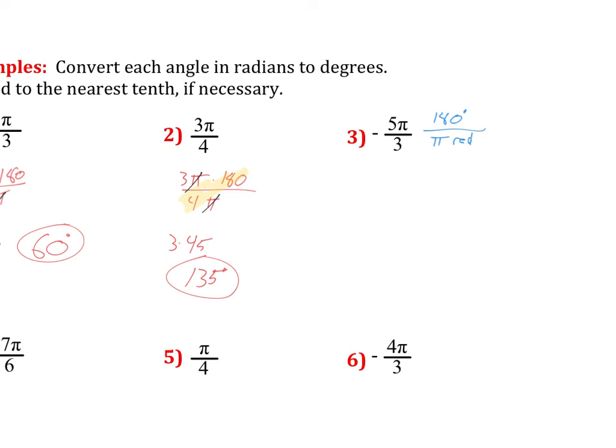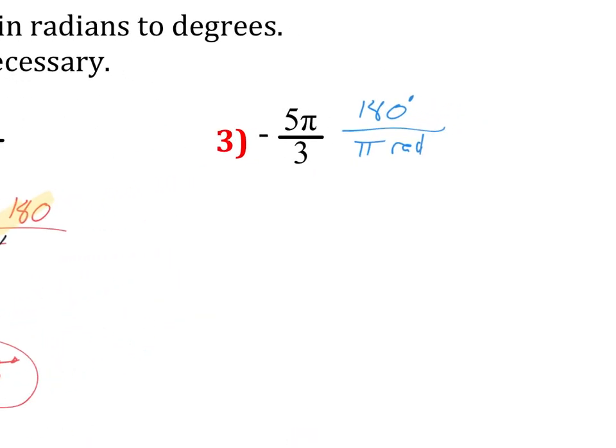Number 3, negative 5 pi over 3. Well, the pi's will cancel, so this is going to be negative 5 times 180 all over 3. I know 180 over 3 is really a 60, so this would be negative 300 degrees.